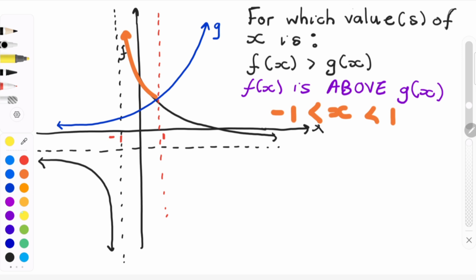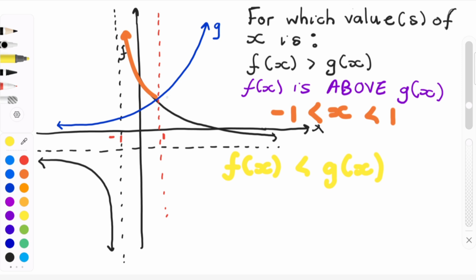So if we were to look where f of x is less than g of x, that is when f of x is below g of x.